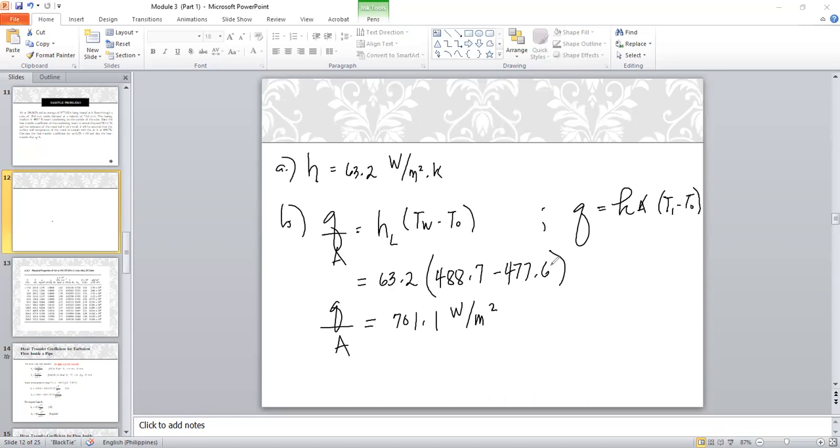What is important in this problem, class, is first you have to establish the flow and know where to get the properties of the substances that you are going to substitute in the formula. You can find this particular problem in Geankoplis, 4.5-1. Any question here before I proceed?